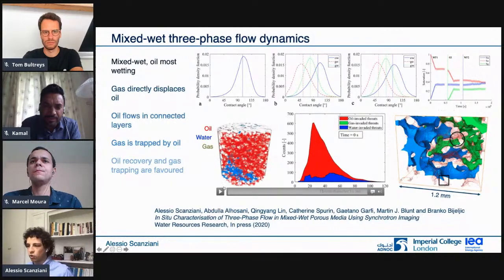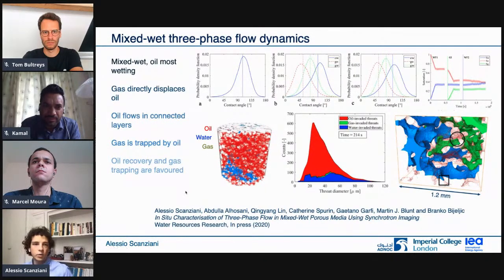Later, we also injected gas in the same pore space, and again we saw that the gas invasion in mixed wet media was different to what was observed in the water wet cases.